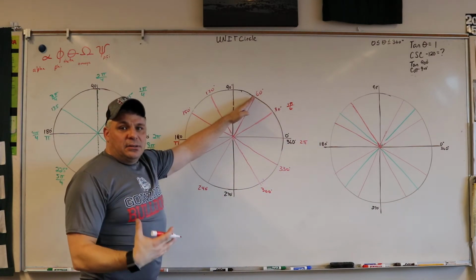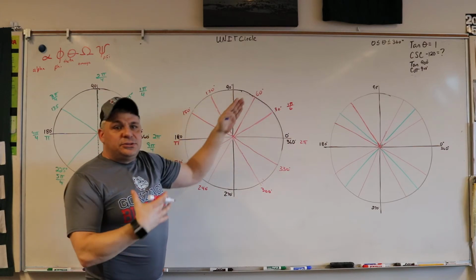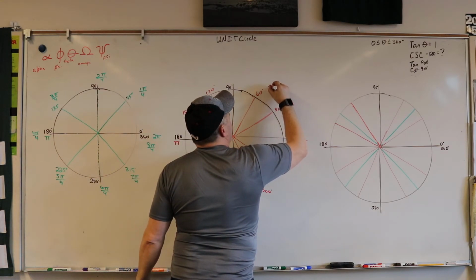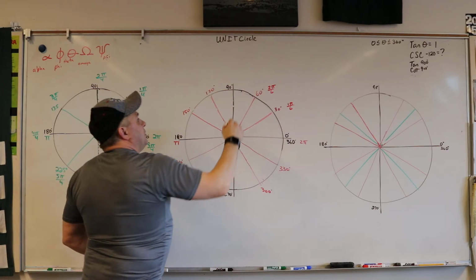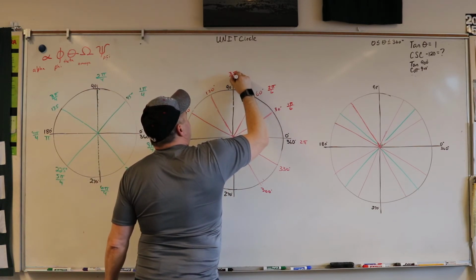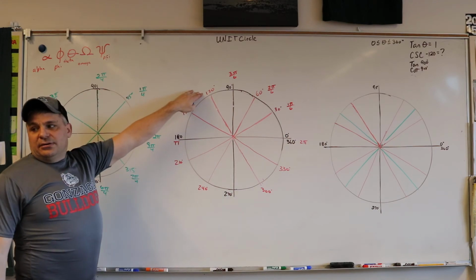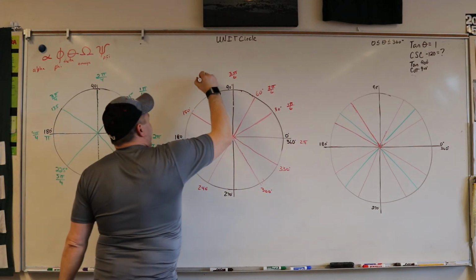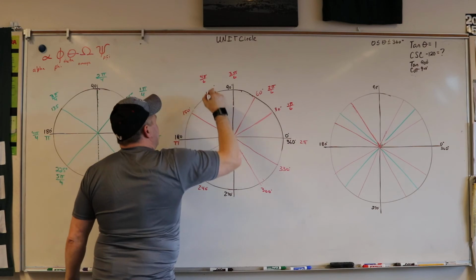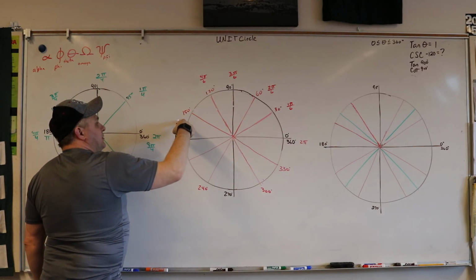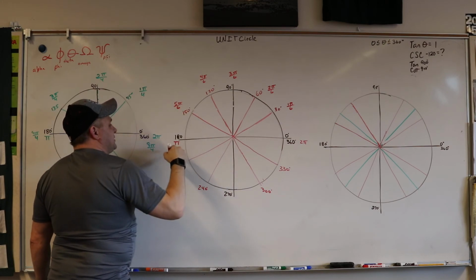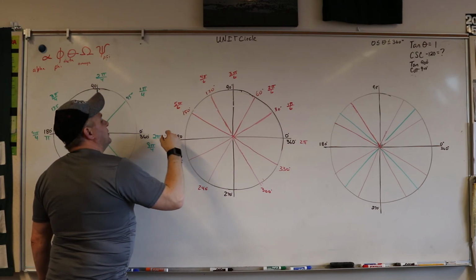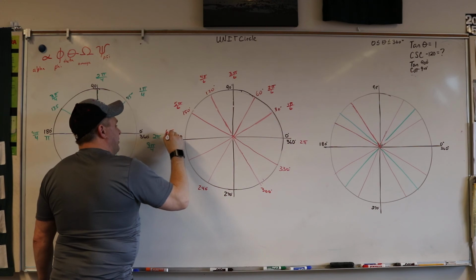This would be 2 pi out of 6. This would be 3 pi out of 6. This would be 4 pi out of 6, 5 pi out of 6, 6 pi out of 6.